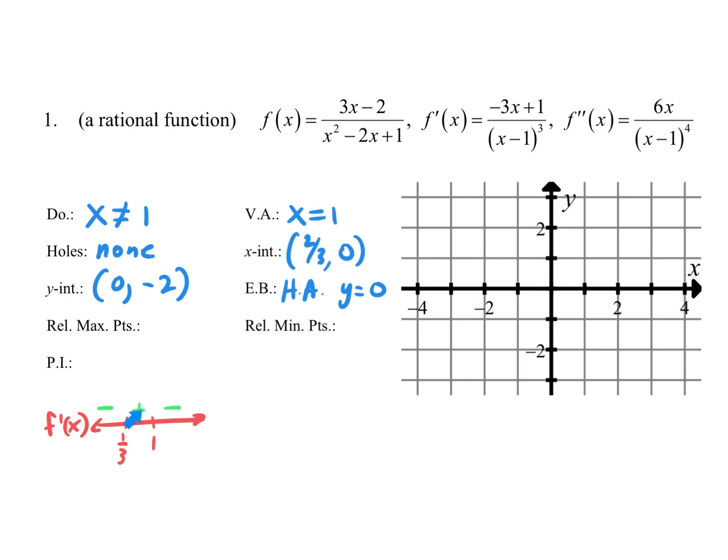So the graph is not continuous from this region to this region. So before I go ahead and claim that 1 is a maximum, I have to revisit my domain and my asymptotes and go, oh yeah, wait, 1's a problem, even though we still test it. So the truth is there is no relative max, because the only place it could happen is at 1, and 1 can't happen.